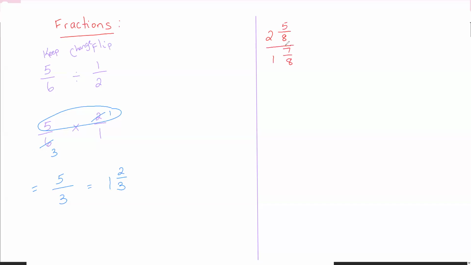Let's say they gave us it like this. This symbol means to divide. So what they're telling us is this 2 5/8 is divided by this 1 7/8. So even if they give us it like this, it means the same thing as this.